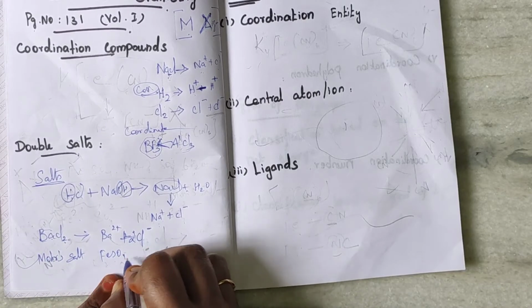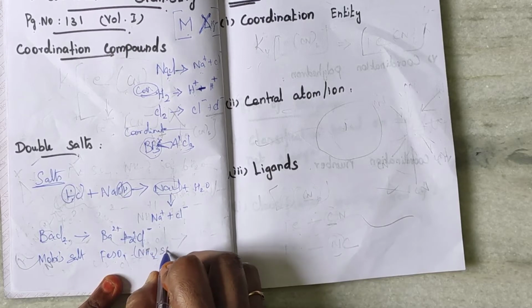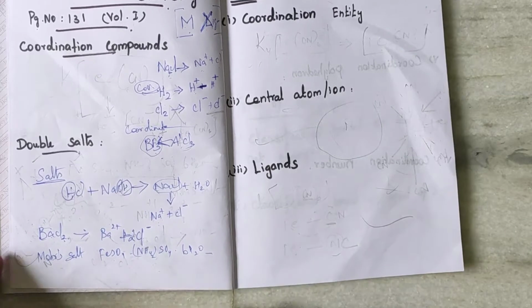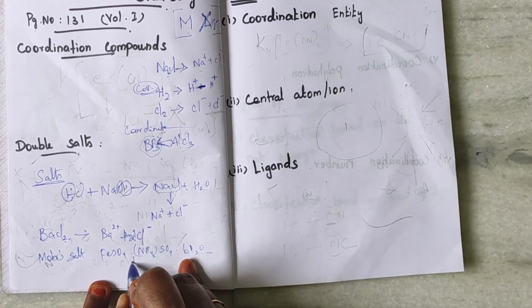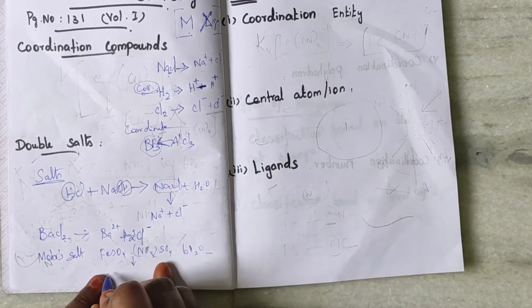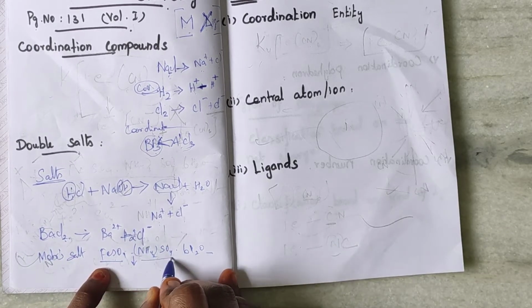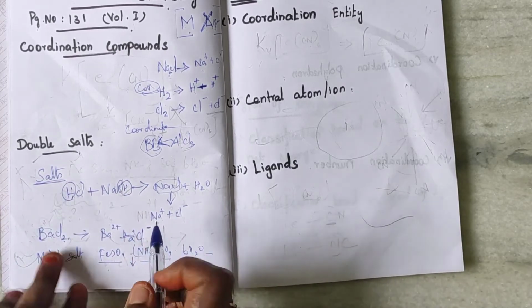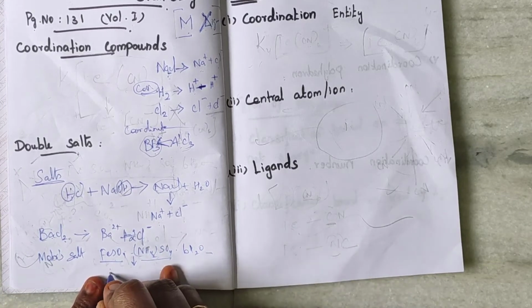Example, Mohr's salt. Equimolar amounts of ferrous sulfate and ammonium sulfate in crystallized form is called Mohr's salt. We dissociate this. It gives ferrous sulfate, which is a single salt, and ammonium sulfate, which is a single salt. Both single salts combine to form a double salt. All of you understand? Okay.